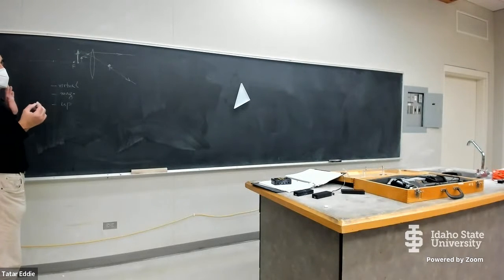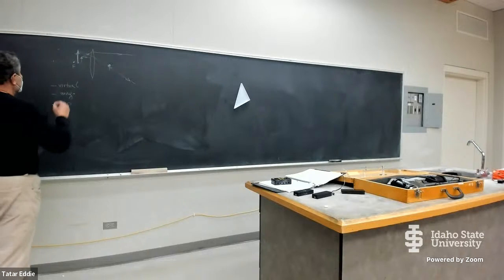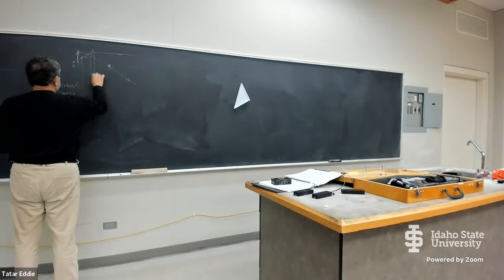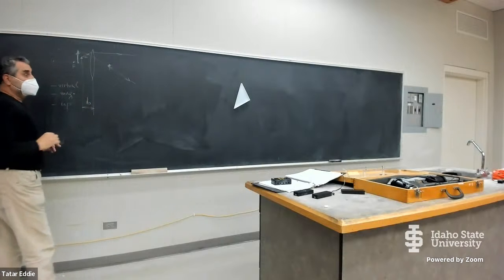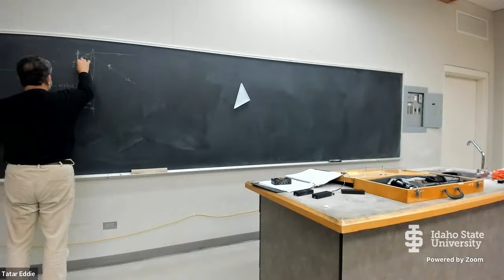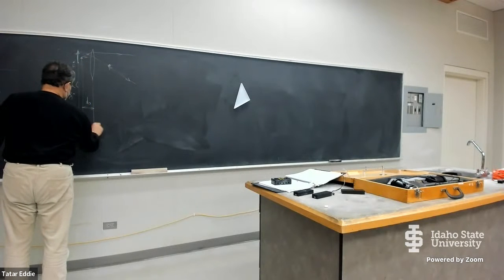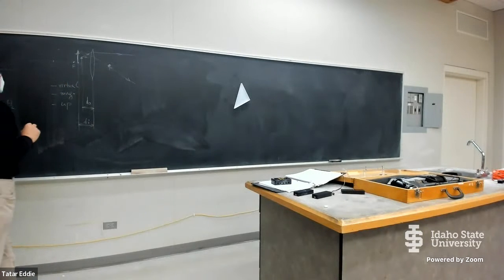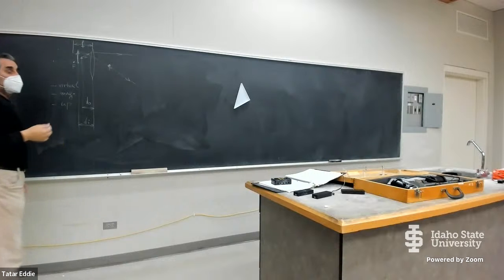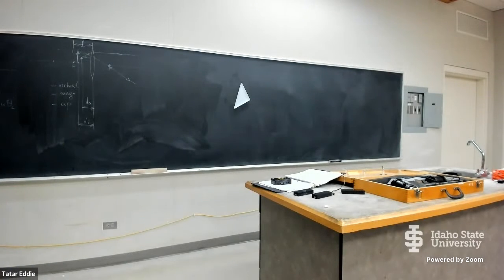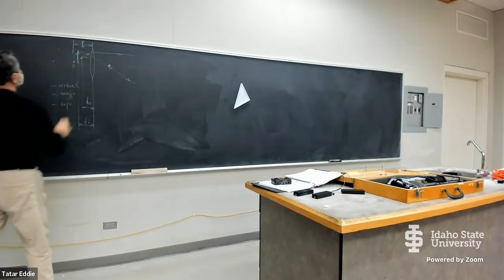So let's define the distances right here. The distance between the object and the lens, of course, is DO. The distance between the image and the lens is distance DI. The focal point and the lens are separated by a distance called, of course, the focal length of the lens. This is the focal length of the lens.